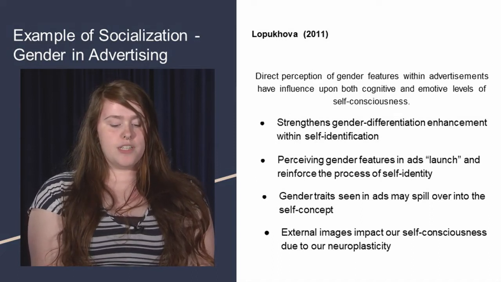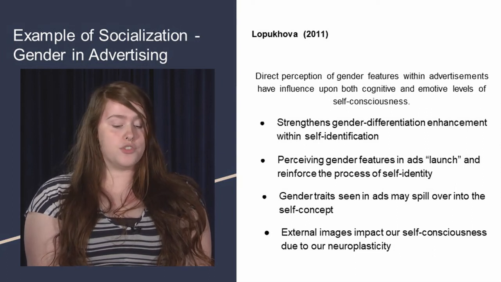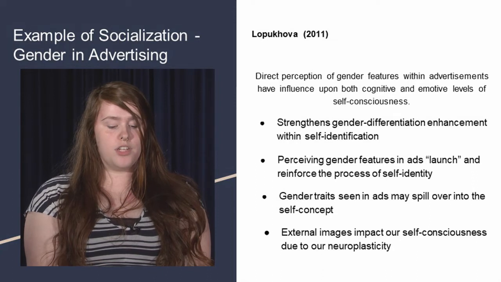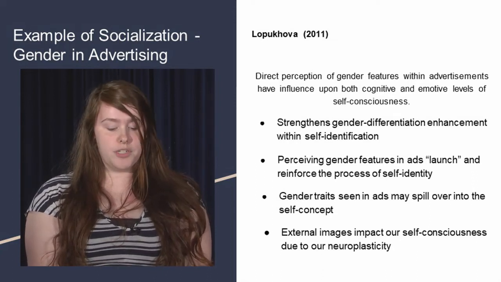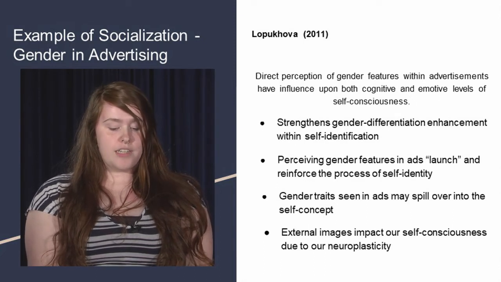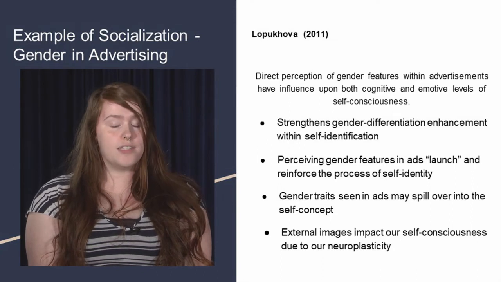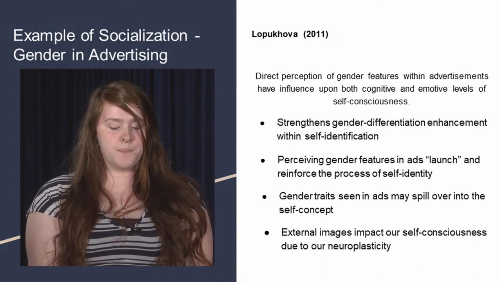So our direct perception within these images, especially at an age in which our minds are so malleable, act as a launch mechanism for the process of our gender self-identity. And so that part of our consciousness and identity is reinforced. Unconsciously, gender traits portrayed in advertising spill over into the self-concept of the viewer, which is how we categorize gender in our world.